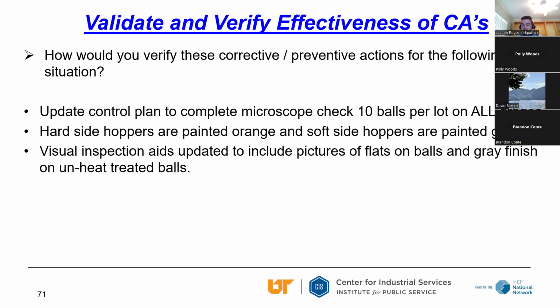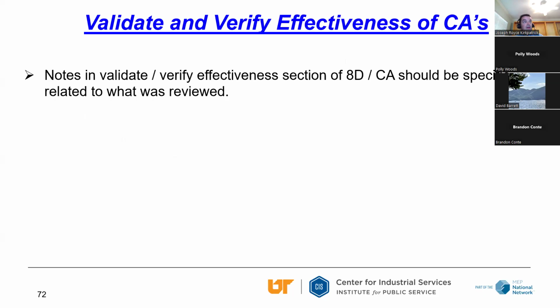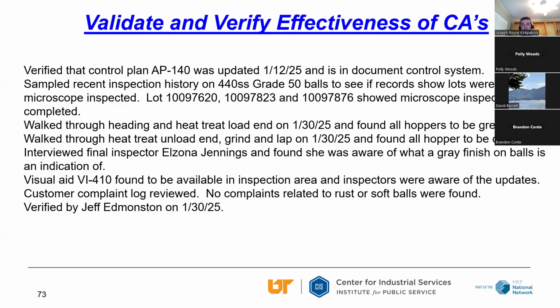So to validate that, we would want to make sure the control plan was updated, make sure we're doing these microscope inspections, make sure the hoppers were painted accordingly, and interview employees in visual inspection to make sure they understand the new visual aids. And we want to keep notes of what we did. Here's an example of good notes validating the previous actions we just went through.